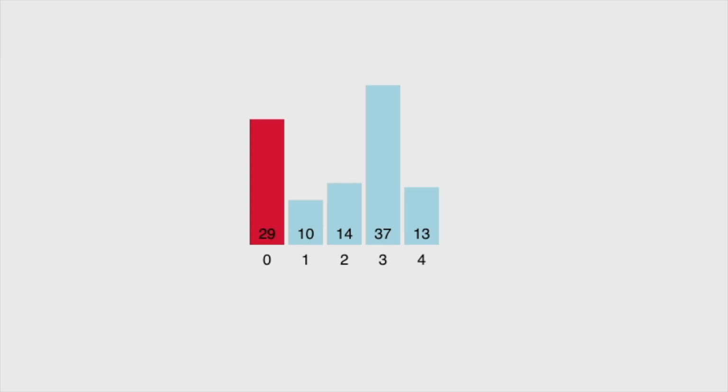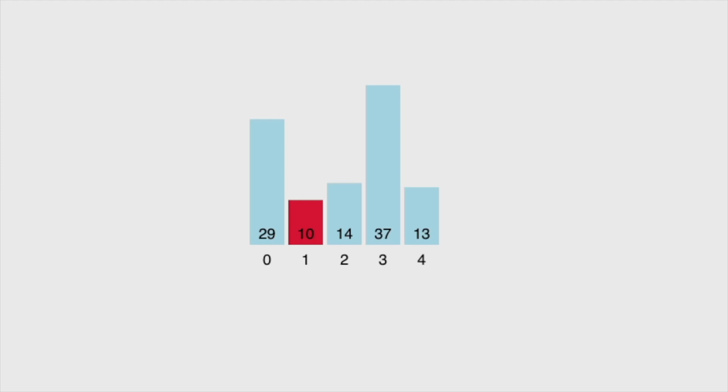Then we will iterate through the remaining unsorted elements to find out which is the true minimum. So let's step through. The next index is value of 10, and 10 is smaller than 29, so that will become the new minimum.